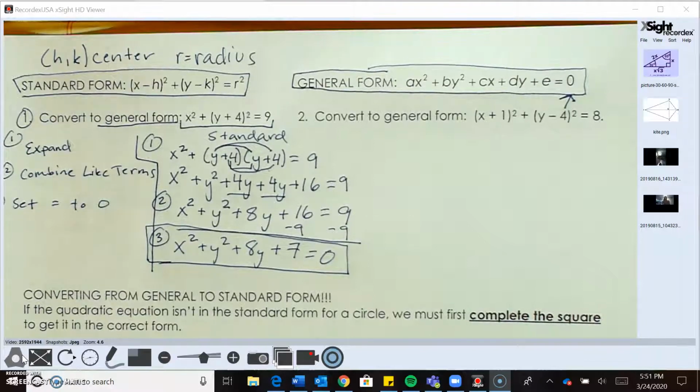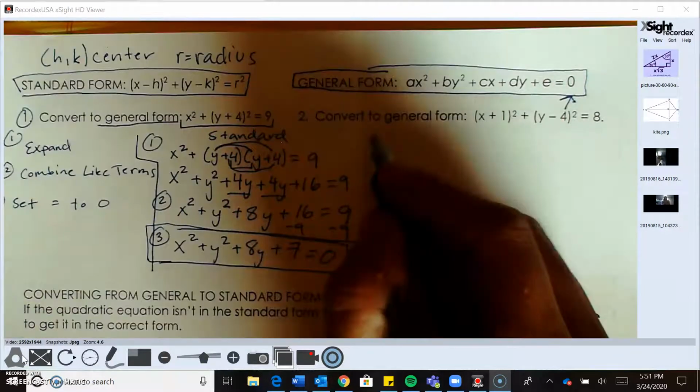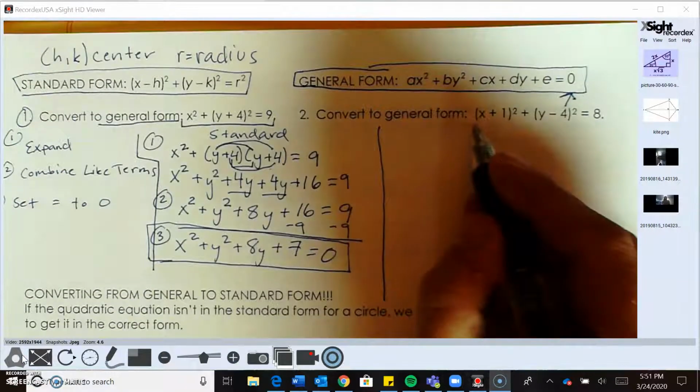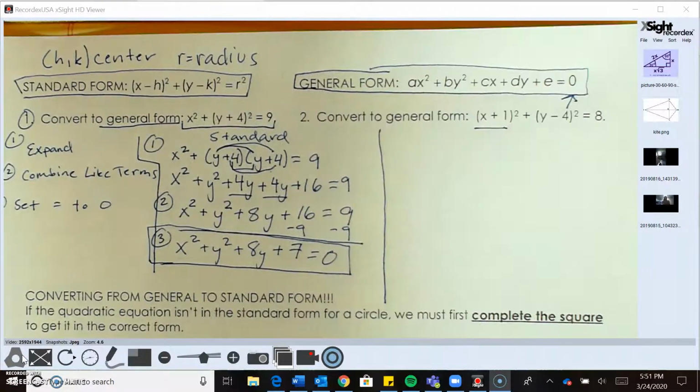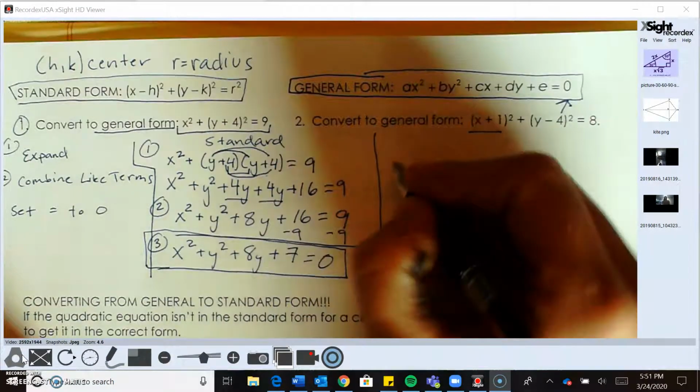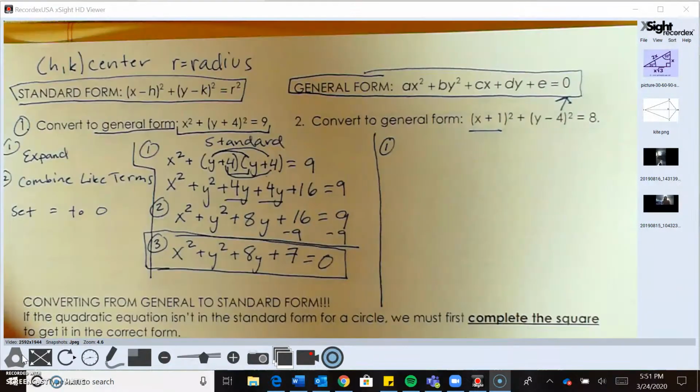Alright. Number 2, same thing happens, except now we have x plus 1 squared also. So we have two binomials here, and the same steps are going to come into play. One, we're going to expand.